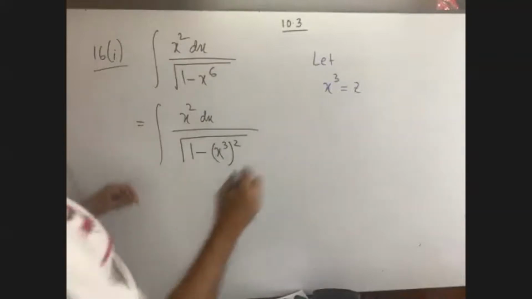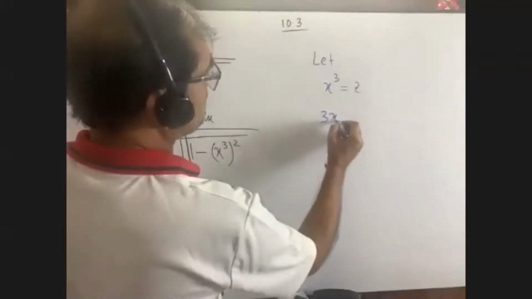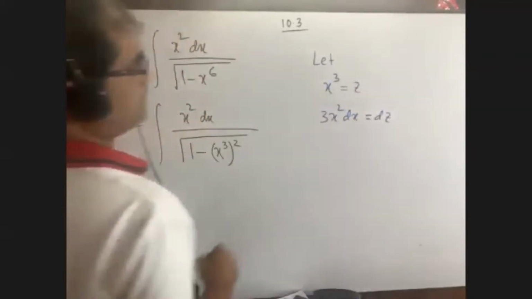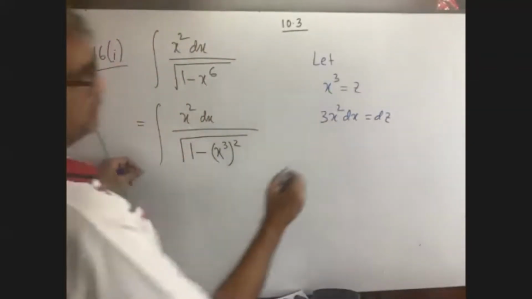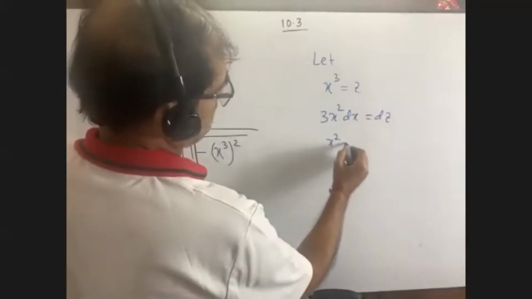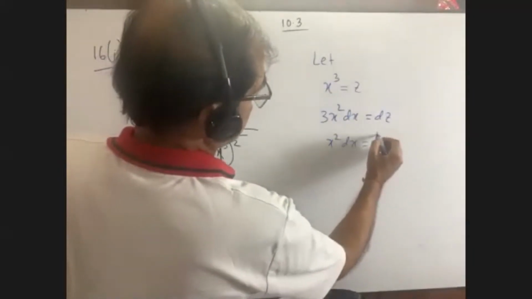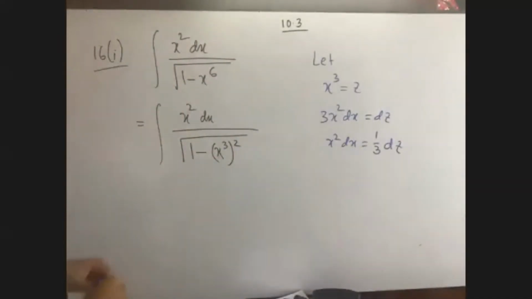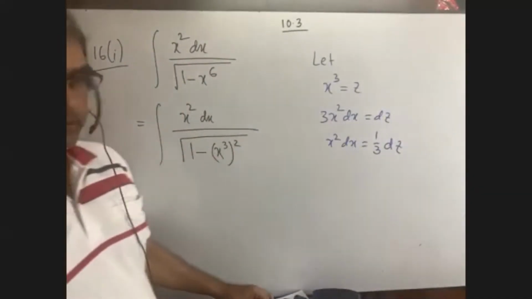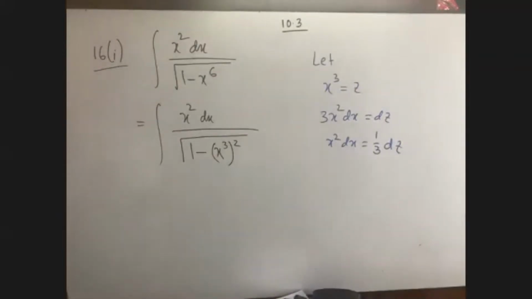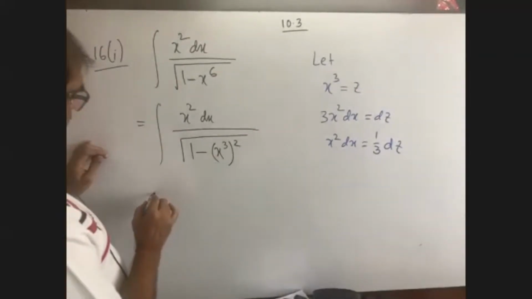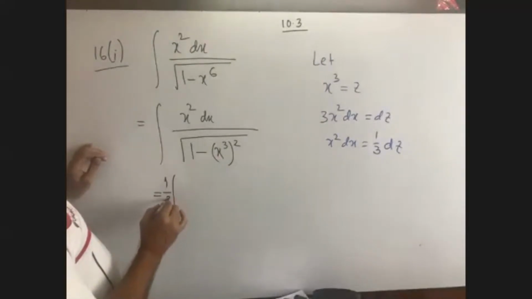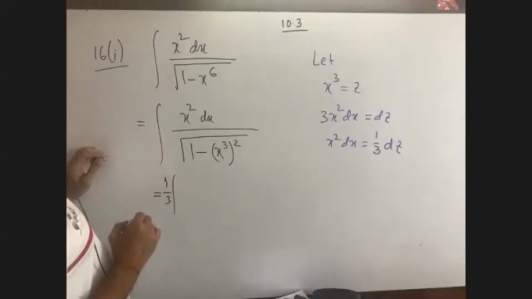Then we get 3x square dx equals dz, so we can write x square dx equals 1 by 3 dz. Same type of math I told you. Now we can write 1 by 3 x square dx equals dz.